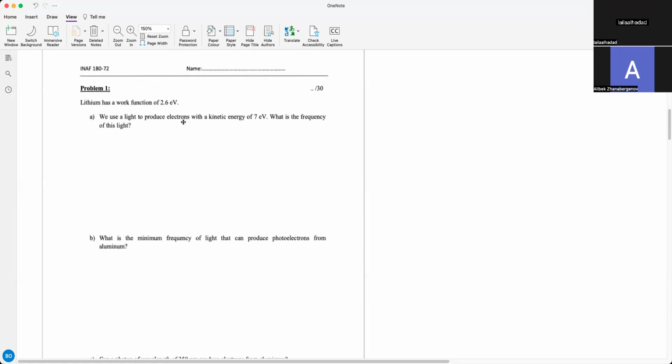The first one is: lithium has a work function of 2.6 electron volt. We use a light to produce electrons with a kinetic energy of 7 electron volt. What is the frequency of this light?